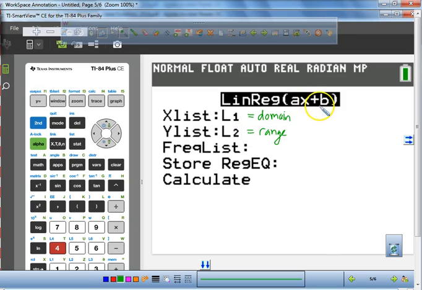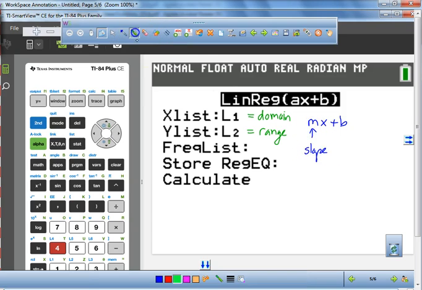You see where it says AX plus B? You guys remember last year when you were introduced to this, MX plus B? All right, what does M represent? M represents your slope. But in the graphing calculator, these mean the same thing.